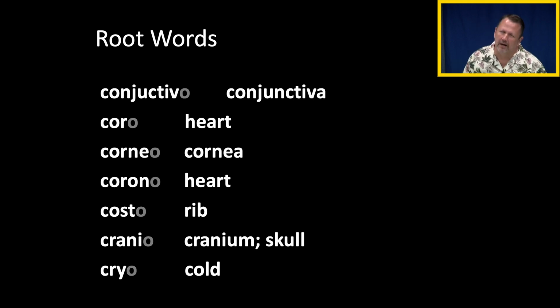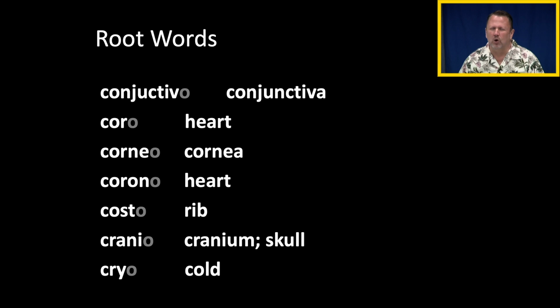The outer lining of your eye is your conjunctiva, and so when you have conjunctivitis, you have an infection of the outer mucous membrane of your eye, and so that's what pink eye is. You'll hear pink eye called conjunctivitis.